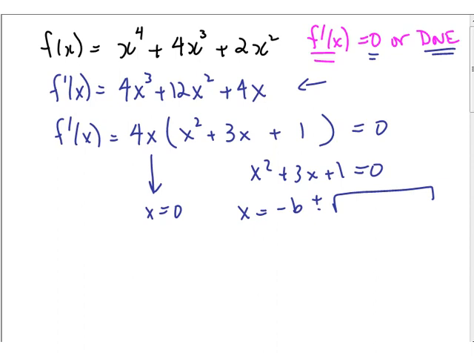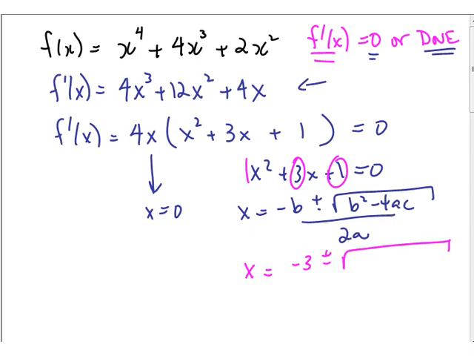So here we go with the quadratic formula. a is 1, b is 3, c is 1, so it's x equals negative 3 plus or minus the square root of 9 minus 4 times 1 times 1 over 2 times 1. And simplifying, I get x equals negative 3 plus or minus root 5 over 2.